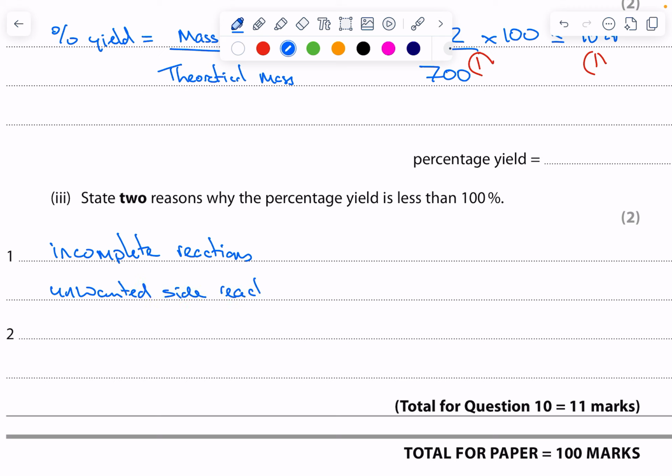The chemicals should react as the equation shows, but sometimes they go off and do different things. And the third reason is you could get loss of chemicals during the practical. As I said, you only need 2 from that list, but any 2 from that list will get you the marks.